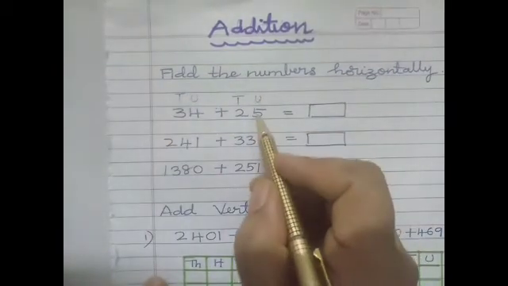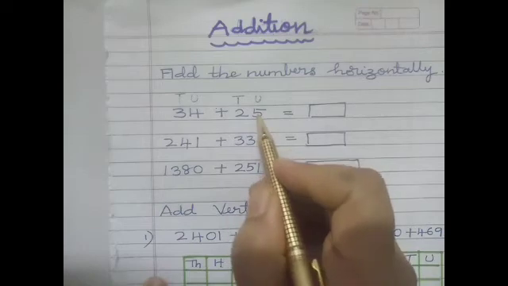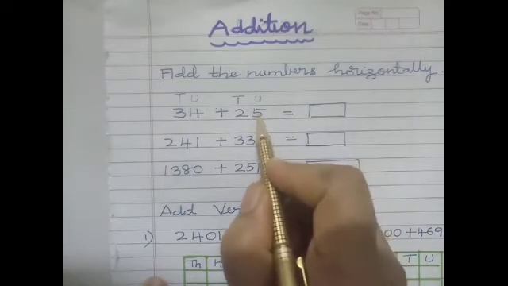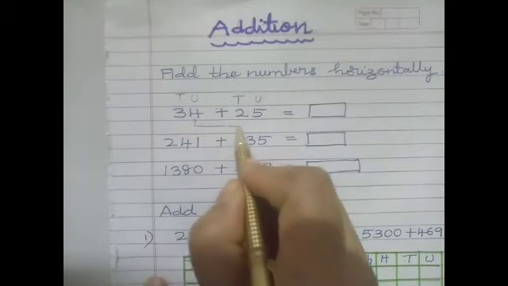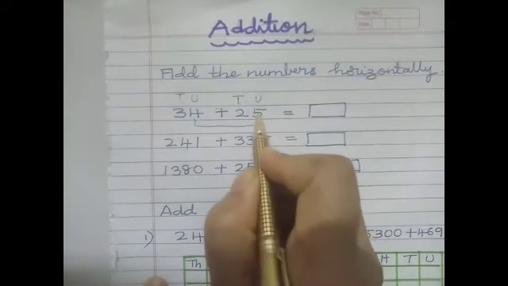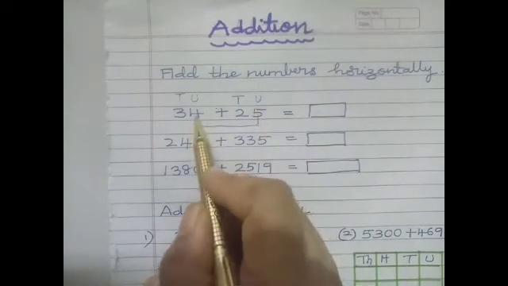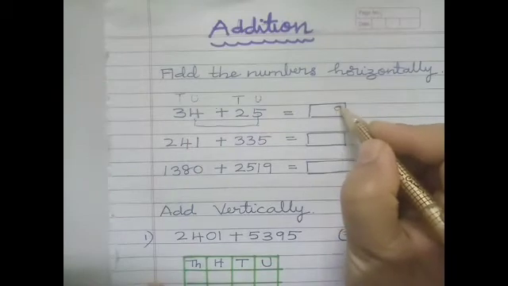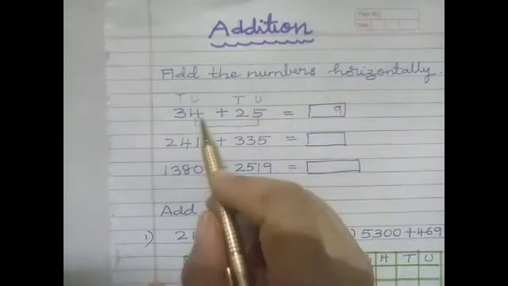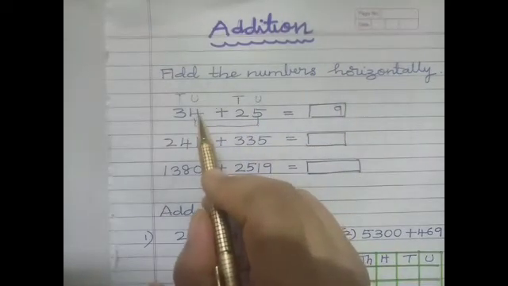So while adding these numbers, first we will start with the units place and the units place. So add these two. 5 plus 4. What is the answer? 5 plus 4 is 9. 5, 6, 7, 8, 9.